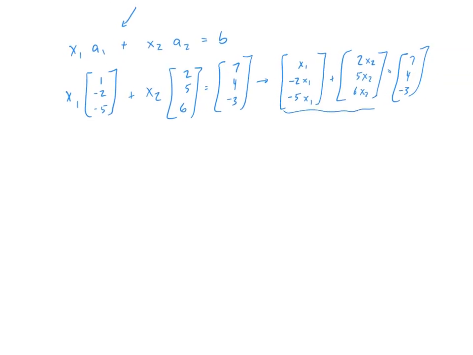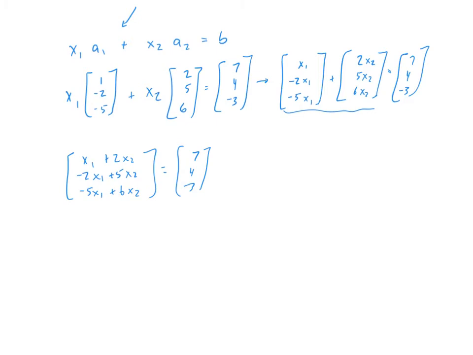How about I take these two vectors on the left and push them together. Let's find that sum as we did earlier in the section. x1 plus 2x2, -2x1 plus 5x2, -5x1 plus 6x2 equals 7, 4, -3.